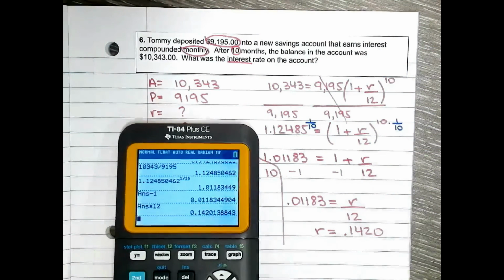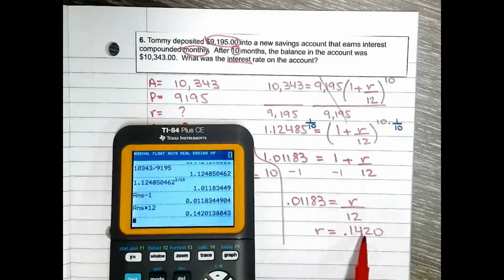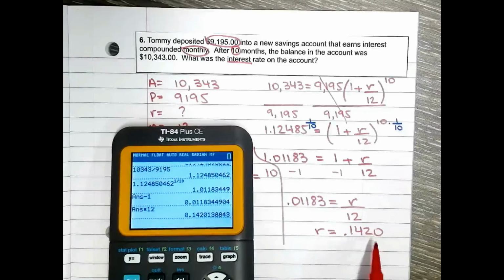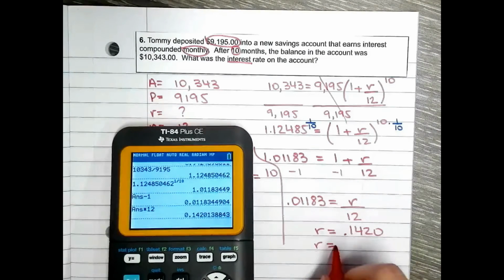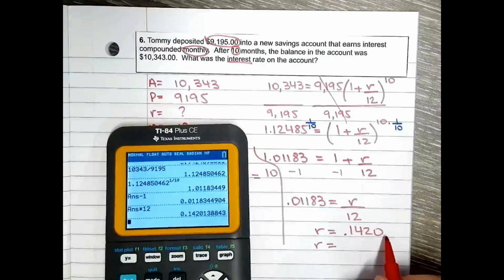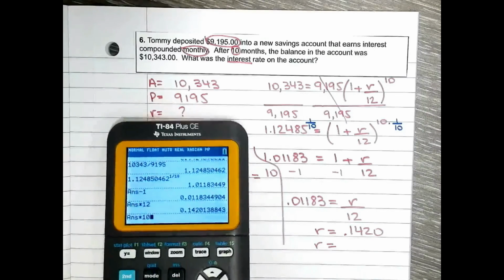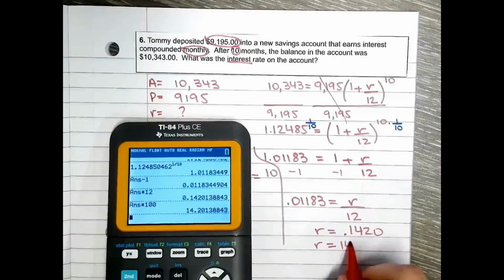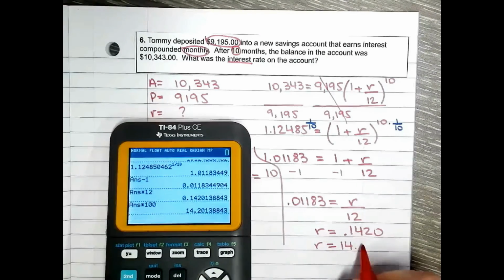Now, r is the rate, but 0.1420, that's the rate as a decimal. If you want the rate as a percentage, that's usually what it's asking you for, you just multiply this by 100. So your rate is 14.20%.